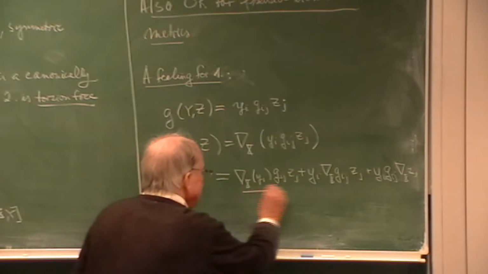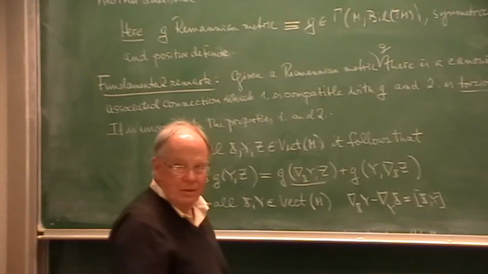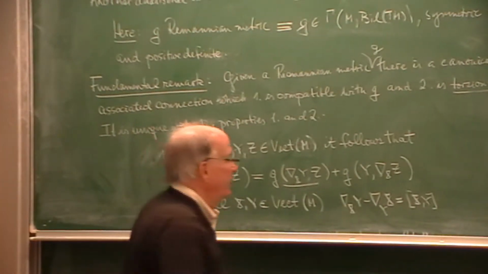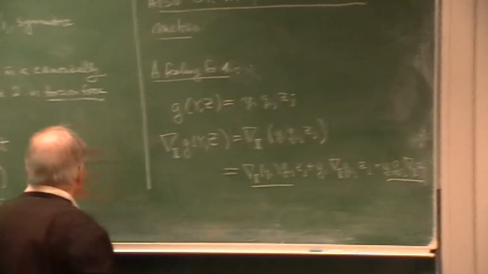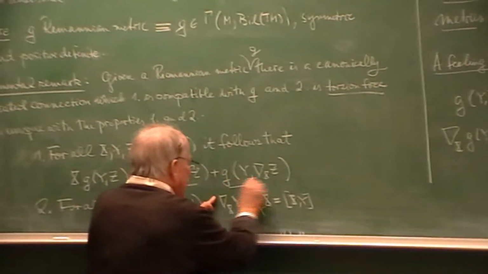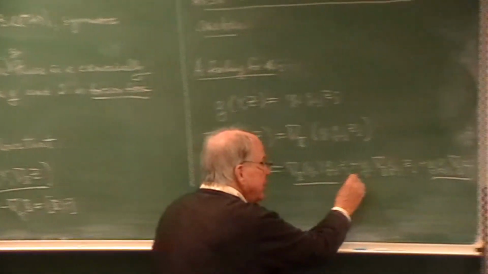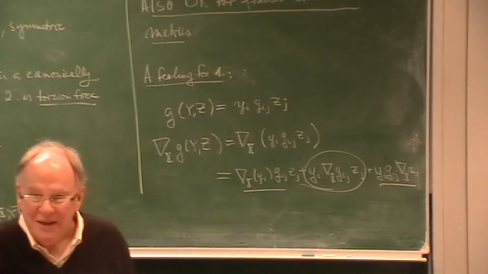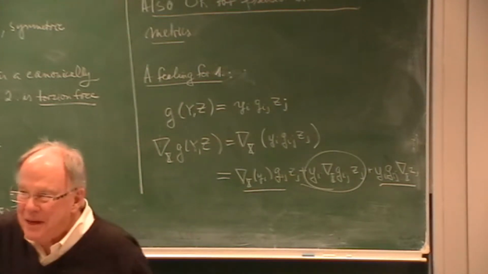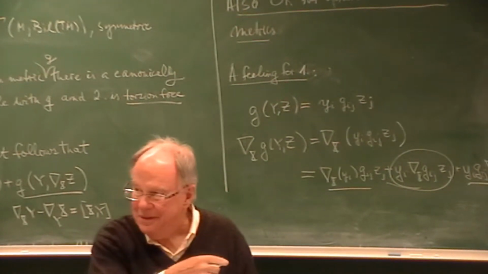But look, this is the derivative of the first thing. That's that. G times the derivative of the first thing. This is all figurative, but it's explaining what's going on. This thing is the derivative of the last thing, but this thing doesn't appear. The statement, compatibility with the metric, means that the middle term does not appear.